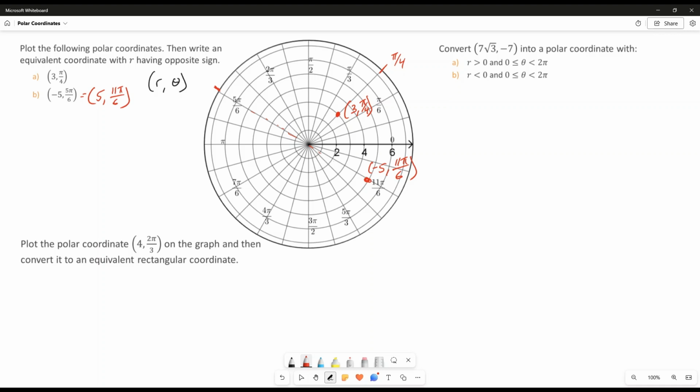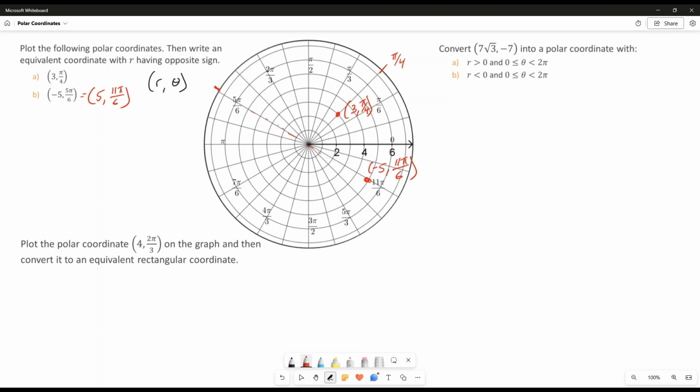So one of the weird things that we have with polar coordinates is that there are actually multiple ways that we can express the same coordinate. So I can express this one point in the polar plane as a negative 5 comma 5 pi over 6 or as a positive 5 comma 11 pi over 6. So that's 2 ways to describe that same point. And technically, again, since we're talking about rotation around a circle, there's infinitely many ways that I could locate or describe the coordinates for that point, because I could keep rotating around the circle.